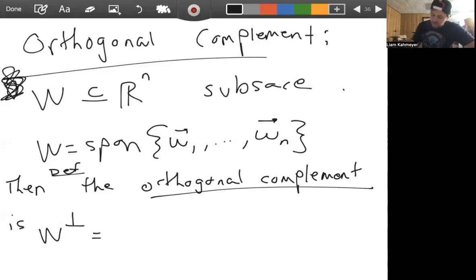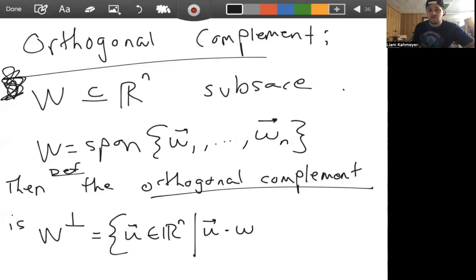This is going to be vectors u in Rn such that u is orthogonal to the space W. So it's only the vectors not in W. Yeah, I should say here, sorry.